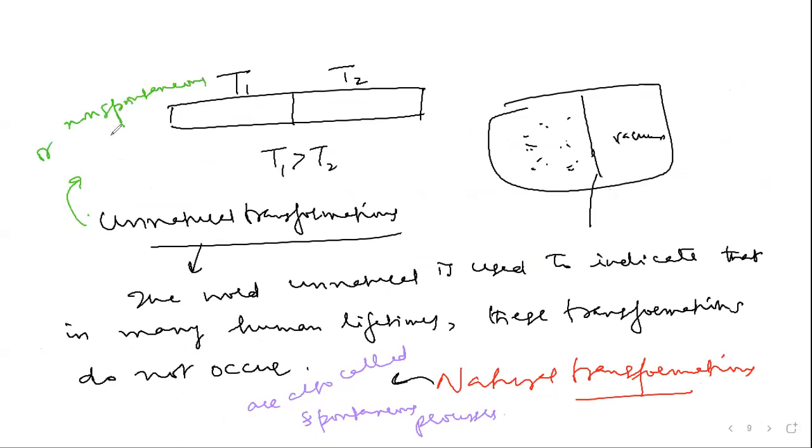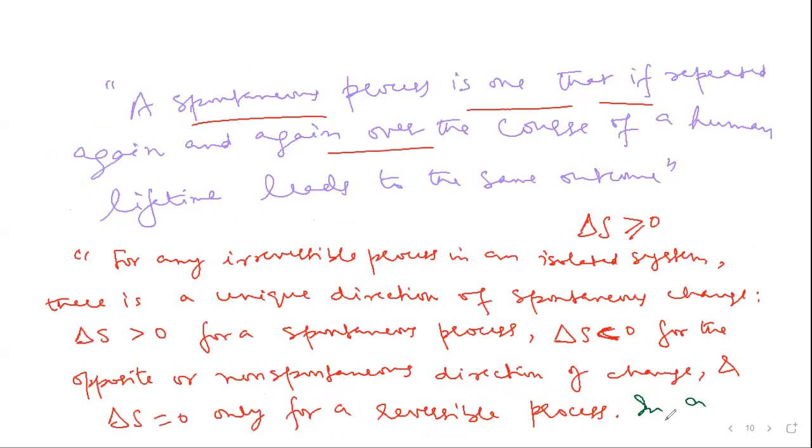I said the word unnatural is used to indicate that in many human lifetimes, these transformations do not occur. On the other hand, natural transformations, which are also called spontaneous processes, are those processes which, if repeated again and again over the course of a human lifetime, lead to the same outcome.